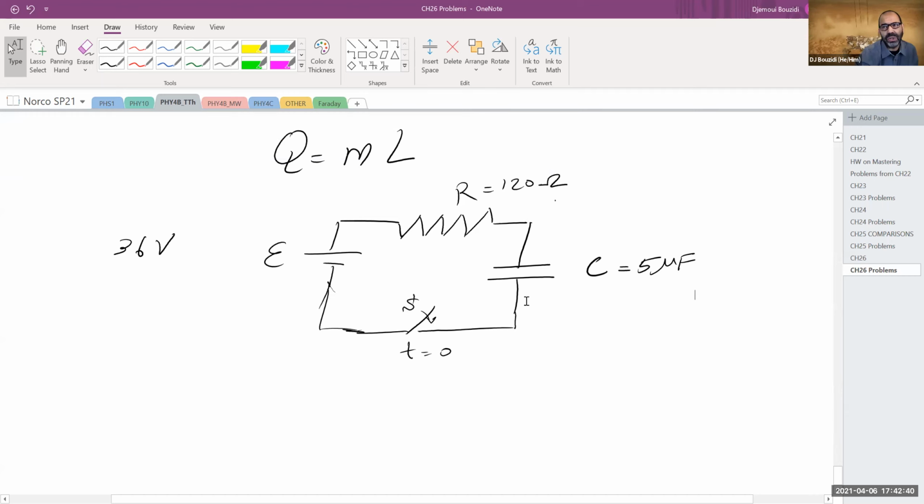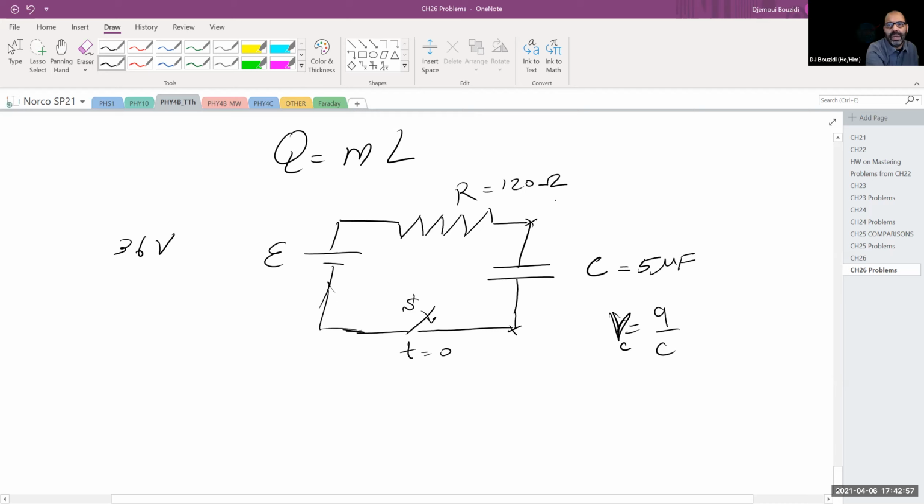So initially there was no voltage across the capacitor because there was no charge, because the voltage across the capacitor is given by Q over C. This is the voltage across the capacitor between this point and this point. So it's a good idea to label things, okay?